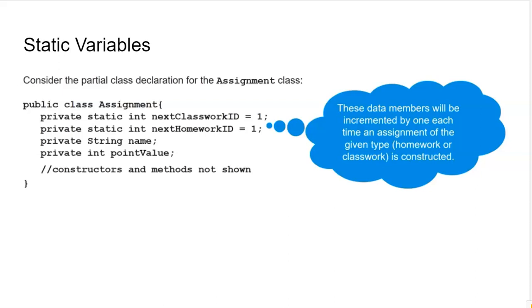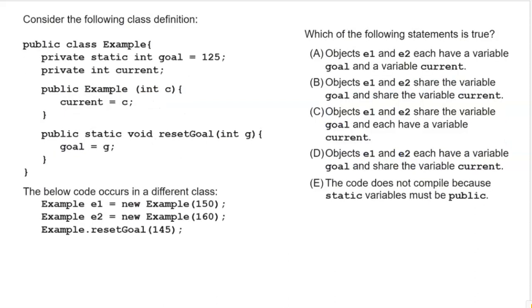Okay, so let's try a question with it. Consider the following class definition. We have a class called example. It has a private static field called goal, originally set to 125. It also has a regular instance variable called current. We have a constructor that initializes the current value, and then we also have a static method, public static void resetGoal.